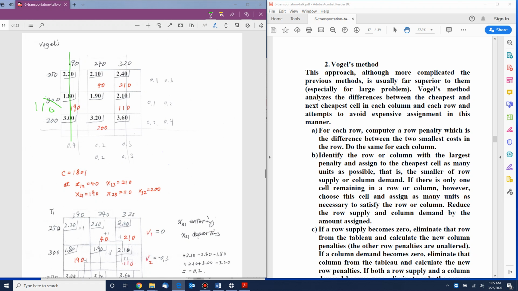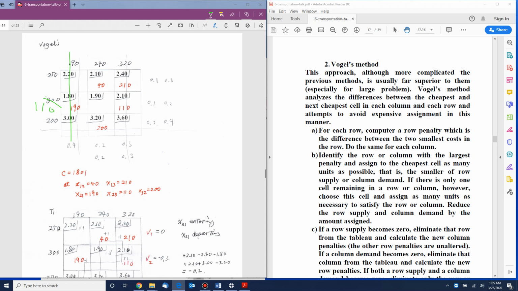So for row 3, we put as many as possible into the cheapest one. The cheapest one is 3.2, and we can at most put 200 because we have only 200 in the row, source 3, right? So we just put 200 into that cell 3.2.